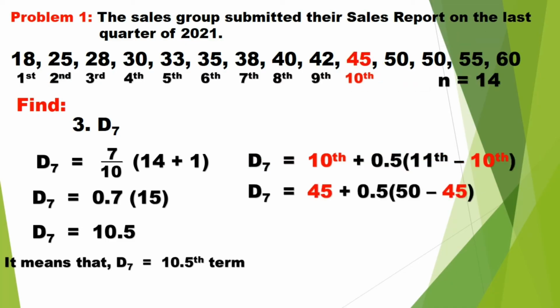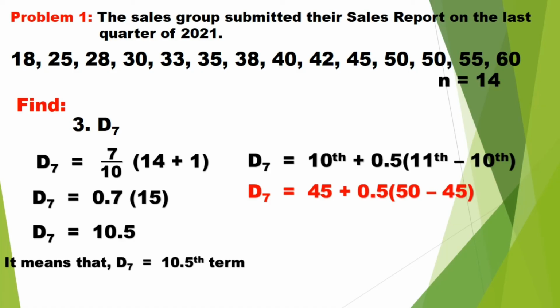Next is to substitute the value. The 10th term is 45 and the 11th term is 50. To be specific, the interpolation formula will be D sub 7 equals 45 plus 0.5 quantity 50 minus 45.